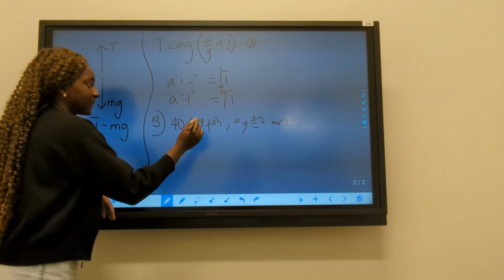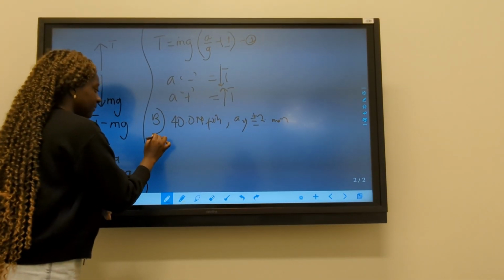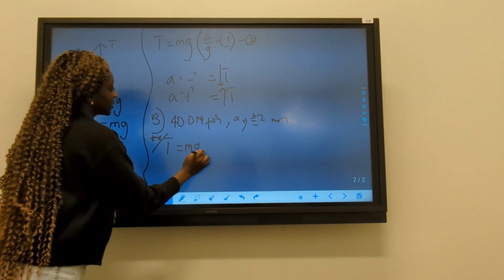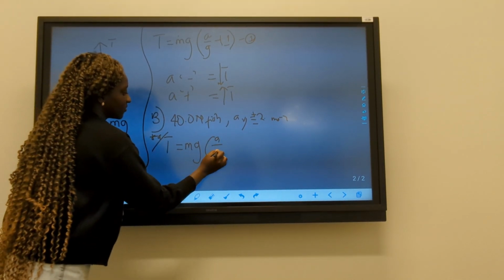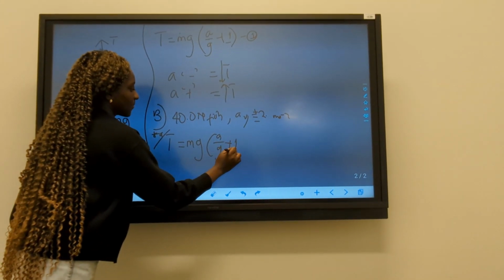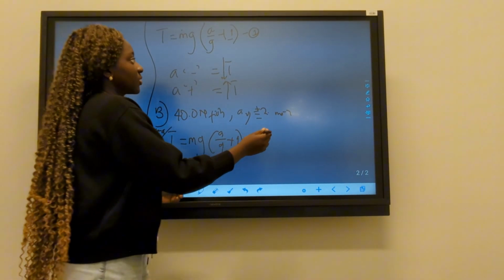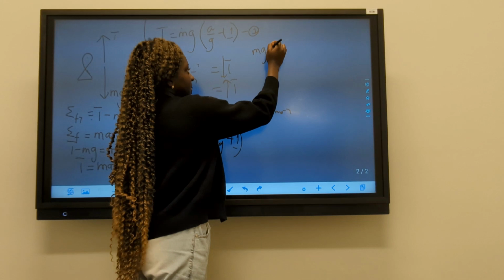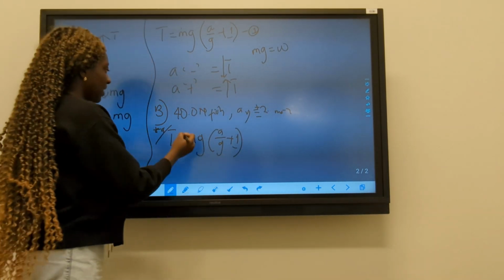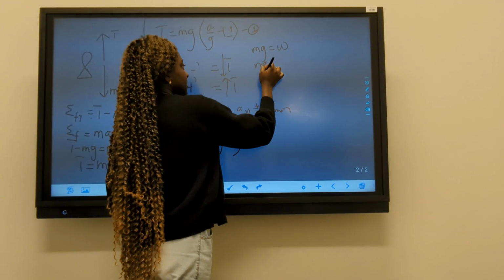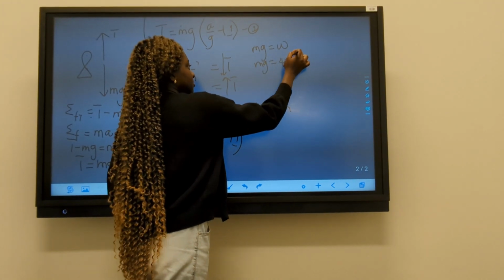For positive acceleration, we have T equals mg times (a over g plus 1). Now we need to find each of these variables. We know that mg is the weight, which has been given to us as 40. So mg is equal to 40 newtons.